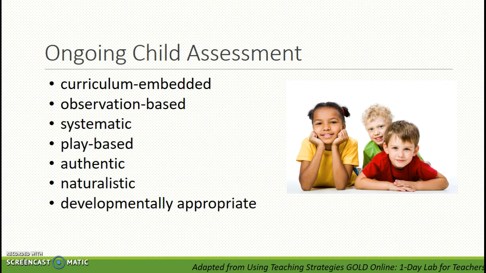And so all the different things that we've been learning this quarter are different systems for assessing children. We also want it to be play-based, authentic, and naturalistic. So that means that you want to make sure that children are doing the things that they would naturally be doing when you're doing your observation. And we also want to make sure that it's developmentally appropriate.